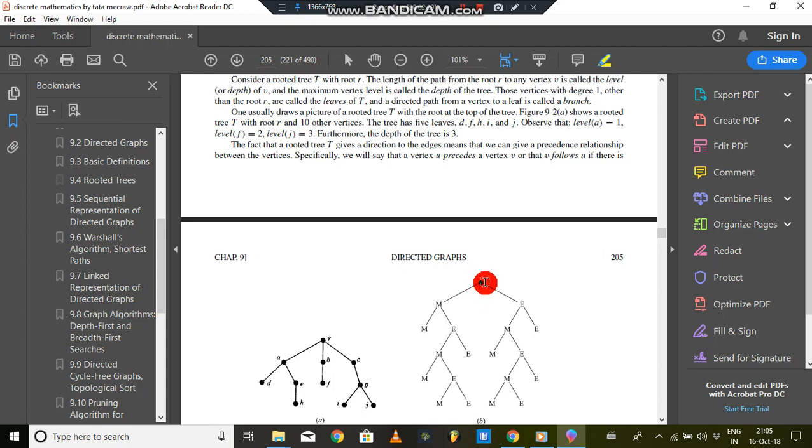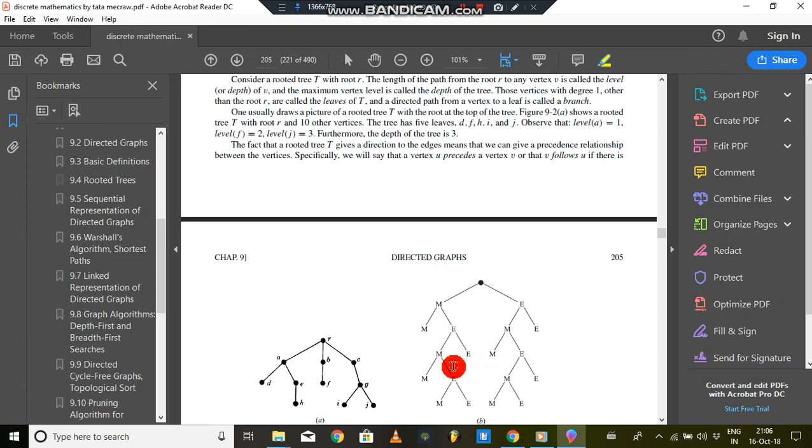So this is the root node. This M is the left child and E is the right child. And this is also the forward. So if we consider this tree, then M is the root node, and if we consider this E, then E is the root node.